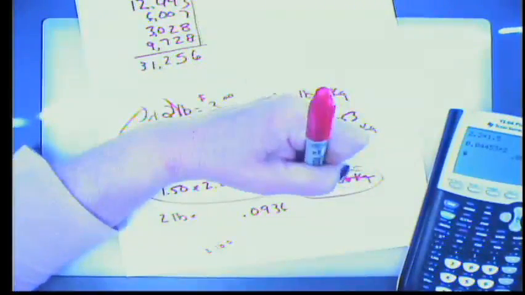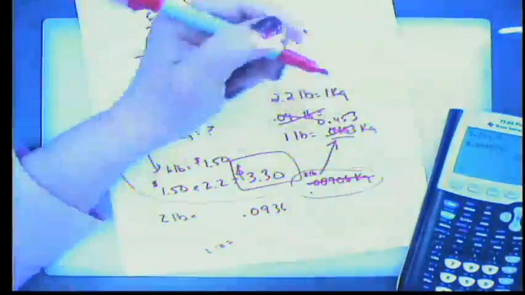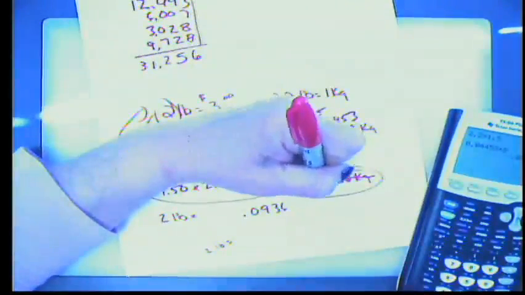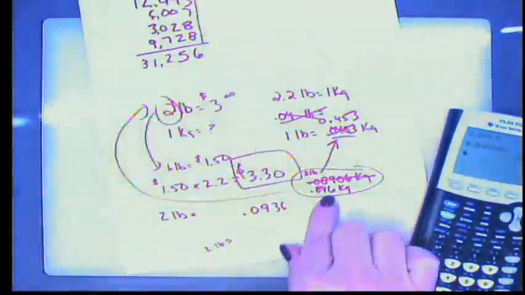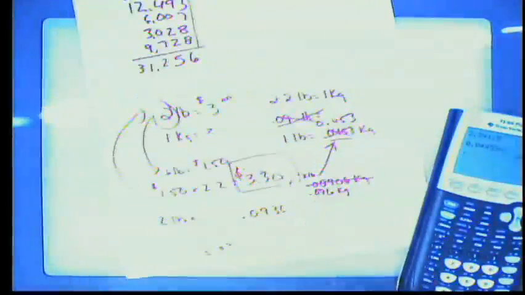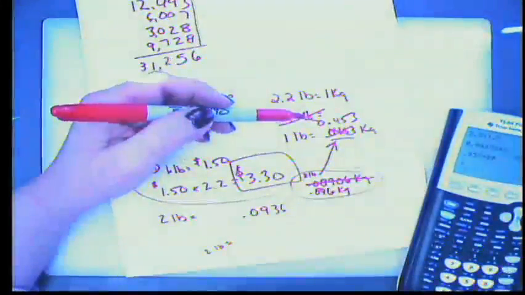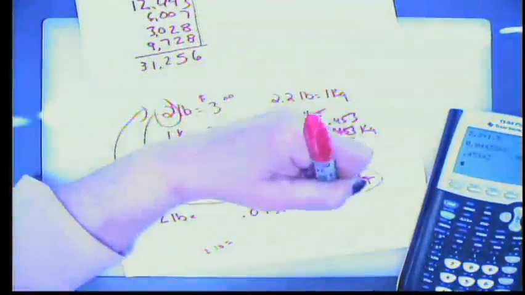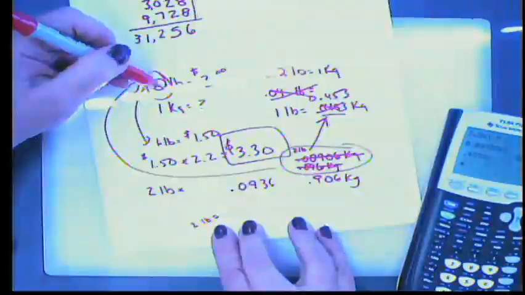Now I feel better. So 2 pounds is 2 times 0.453, which is 0.906 kilograms. So I got 0.906, that's correct. Okay, so then I took the $3 and I divided it by that.